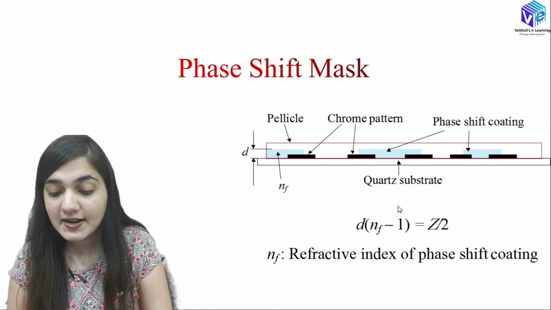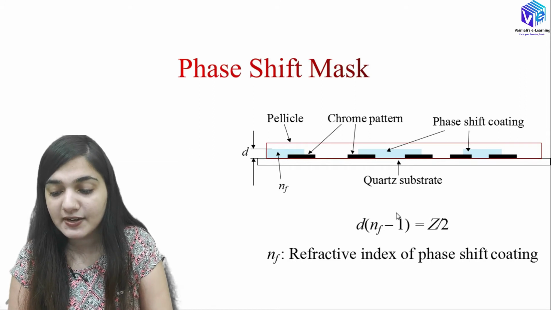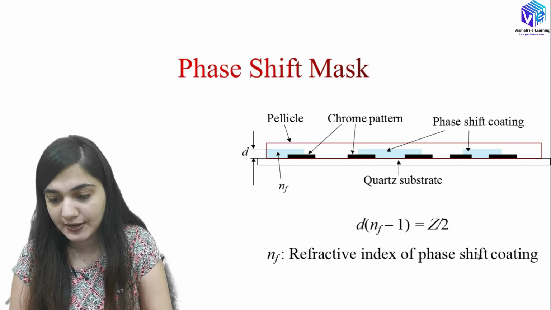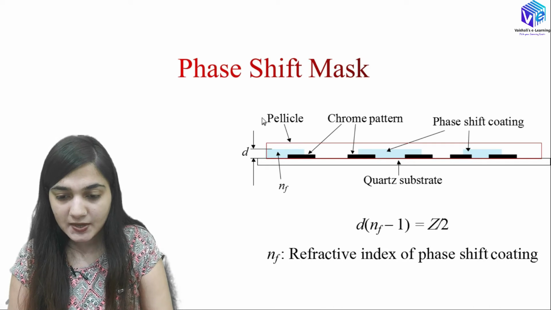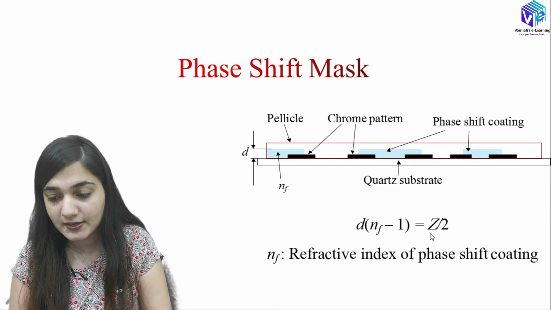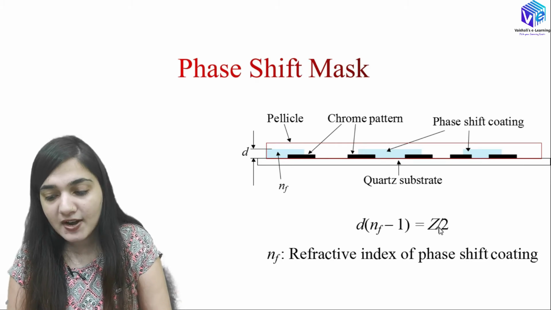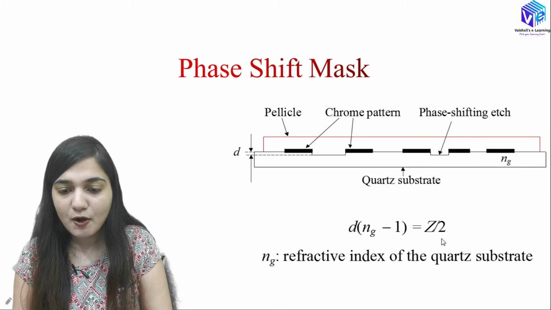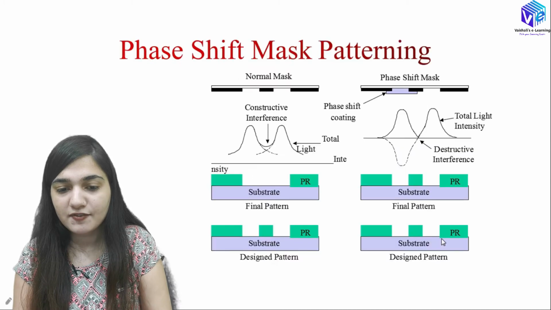If I represent nF to be the refractive index of the phase shift coating, and d is the thickness of this coating, then d multiplied by (nF minus 1) is equal to wavelength upon 2. This is how I can describe my phase shift mask.